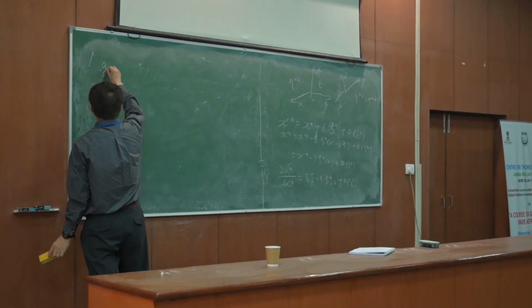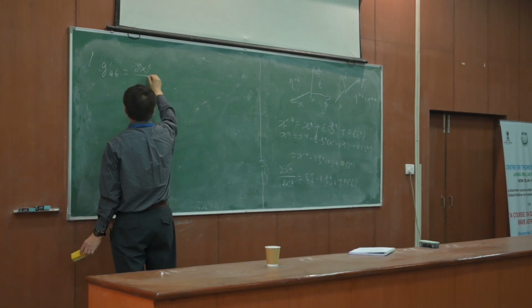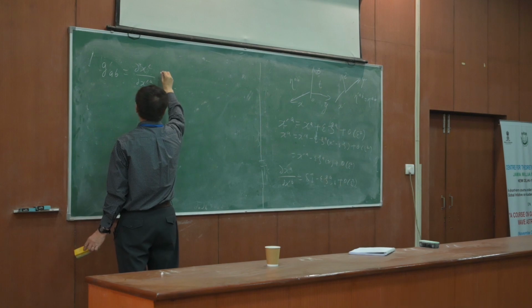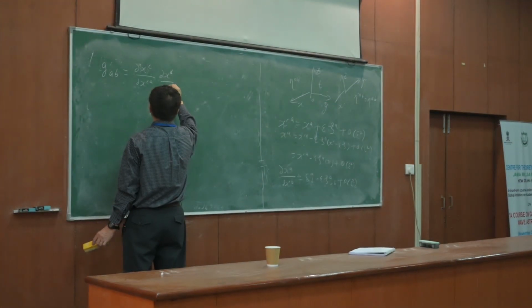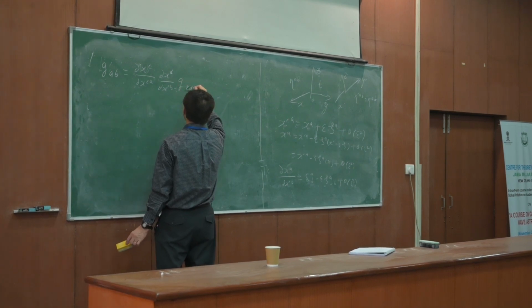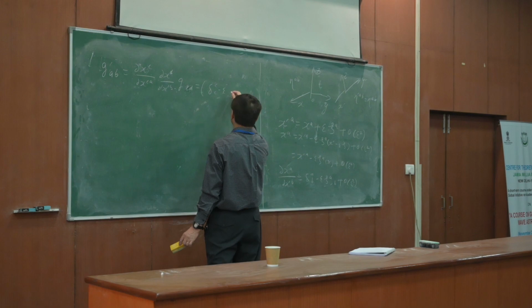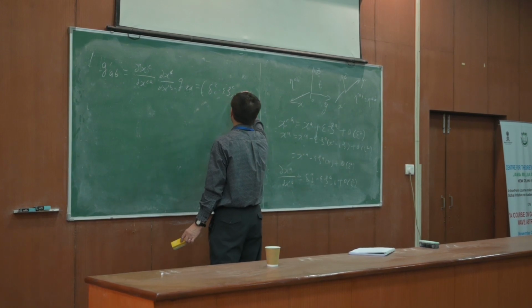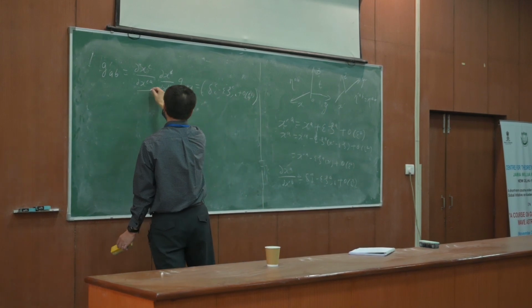So once I know this, I get G prime AB equal dX C dX prime A, dX D dX prime B, G CD. This gives me delta C A minus epsilon psi C A, plus this is the first term.